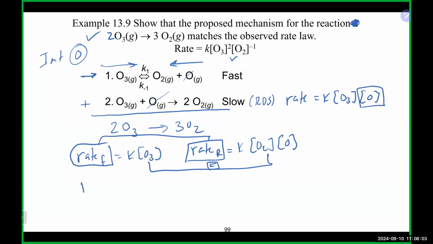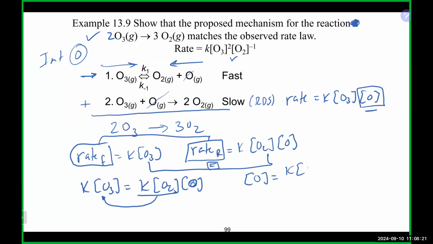That would give us k[O3] is equal to k[O2][O]. Remember, again, we want to get O by itself. So we're going to take both of these and divide to the other side. That will give us [O] is equal to k[O3] over k[O2].